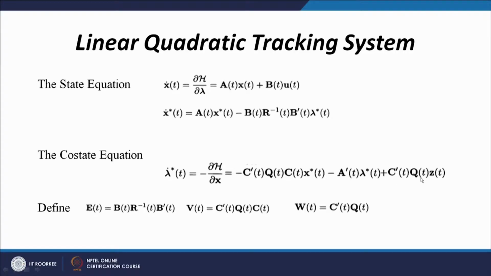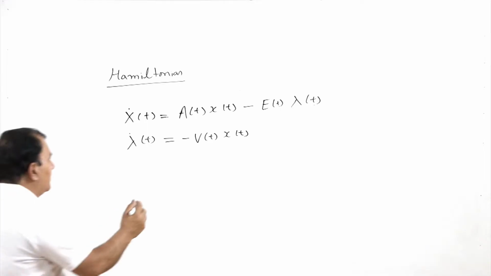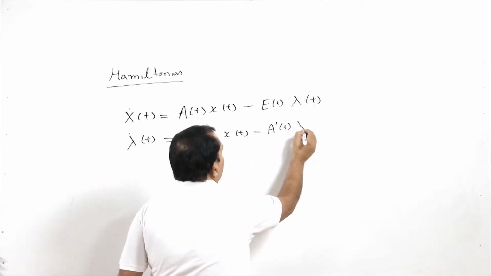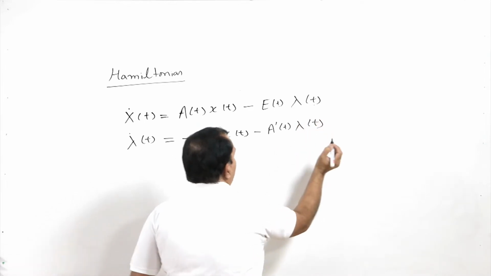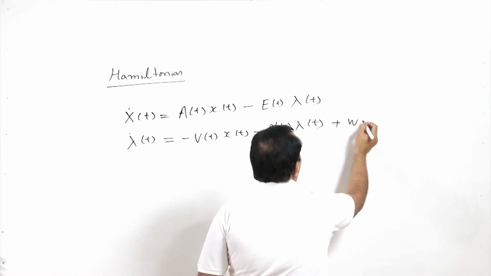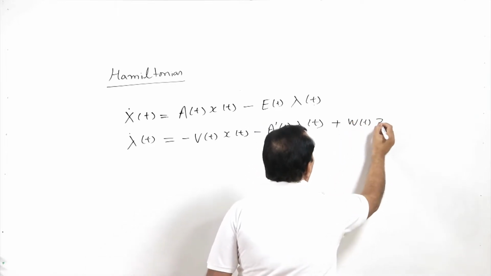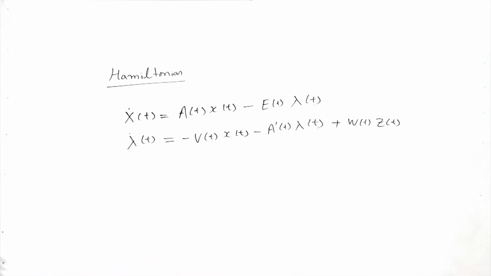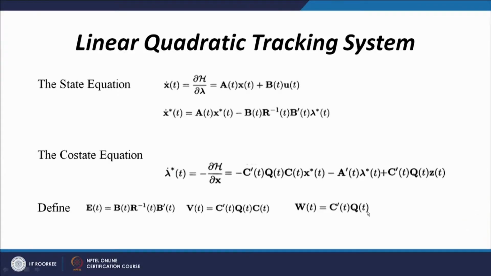Another term I am assuming here, C prime t q as W, this I write as minus A prime t lambda t plus W t z t, where W we have considered as C prime q.